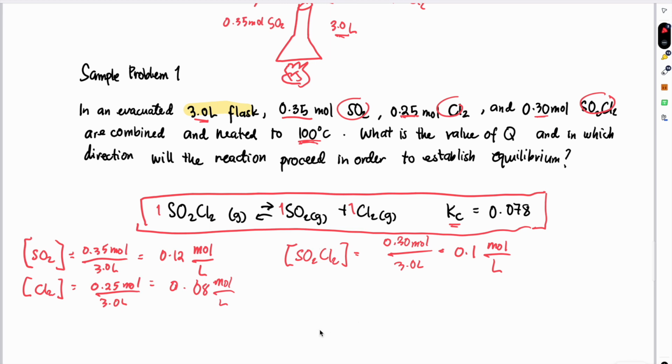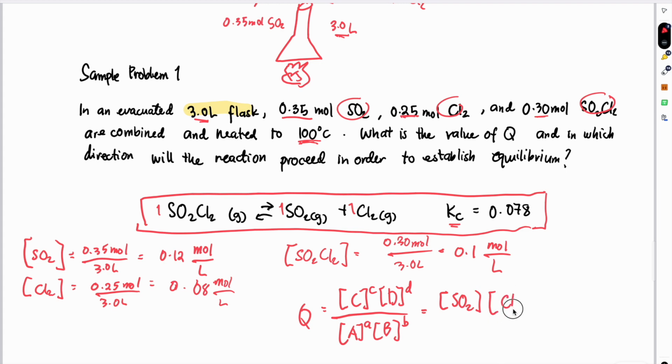How do we solve for Q again? Q is the same form as K, right? Products C, D, over reactants A to the power of a, B to the power of b. So here we have SO2 and Cl2, and then we only have SO2Cl2. We only have one term for the reactant.